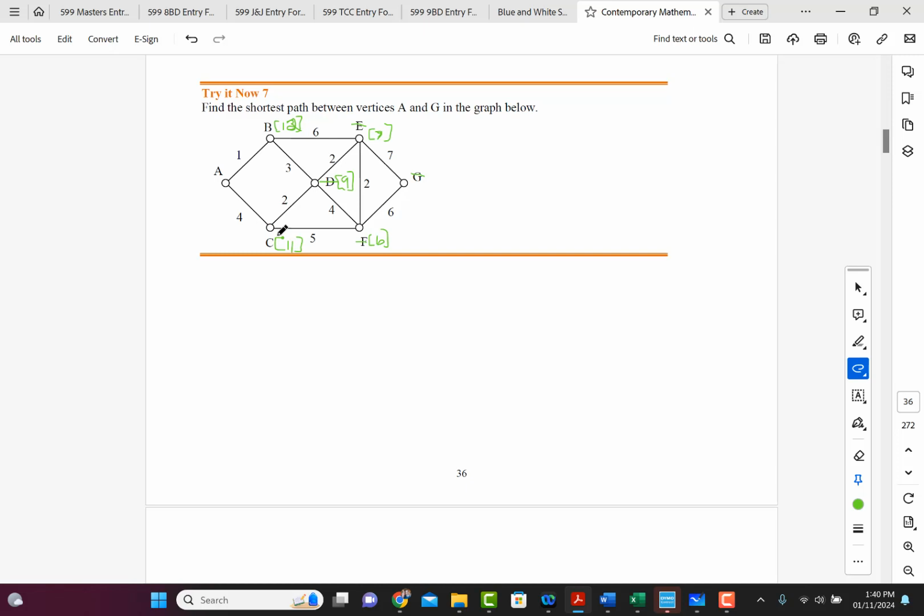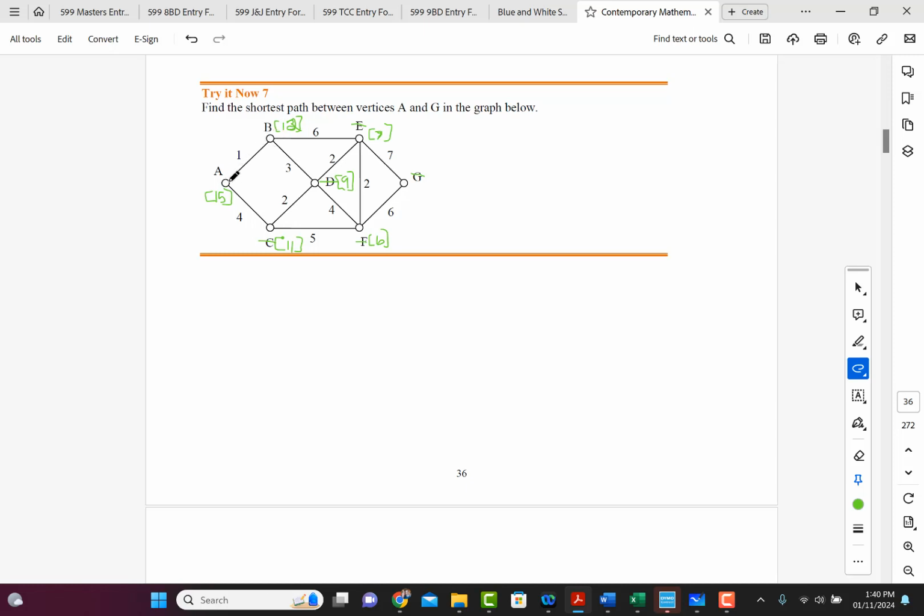And the only non-visited vertex is A. So if we take 4 plus 11, that gives us 15. Then we mark C as visited, and now we take B as current because it's smaller.